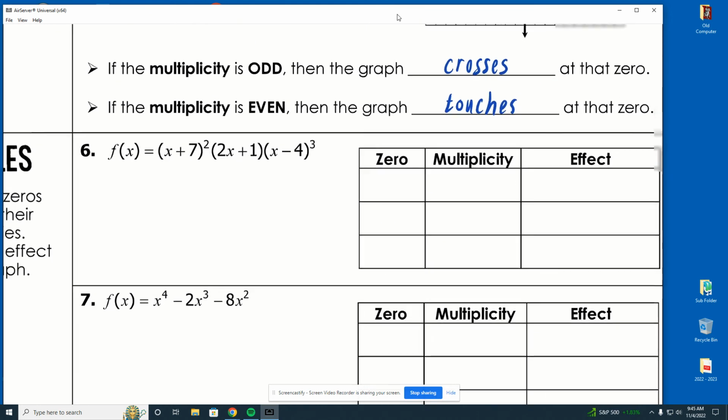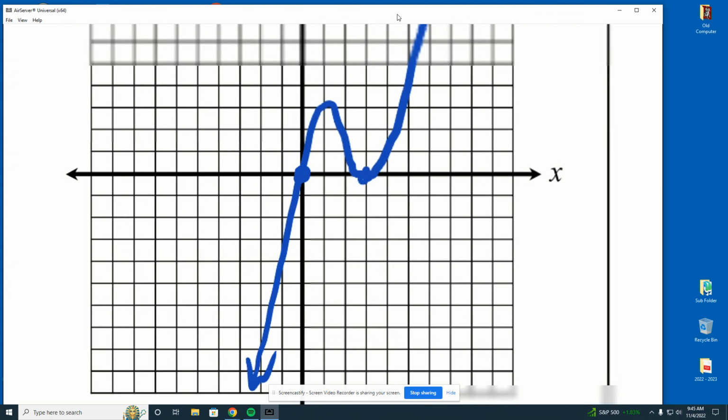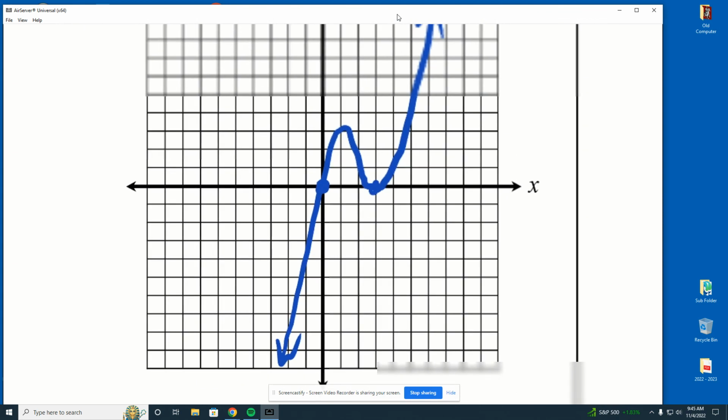Then, of course, I tried to show you that sometimes when you graph, like this one right here, the graph will just go straight through it, like this one does, right? But then sometimes it doesn't go straight through it. Sometimes it comes down and it touches it, but then kind of just bounces back off and goes the opposite direction.